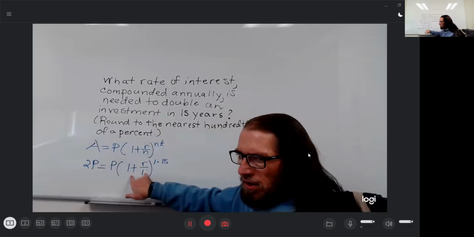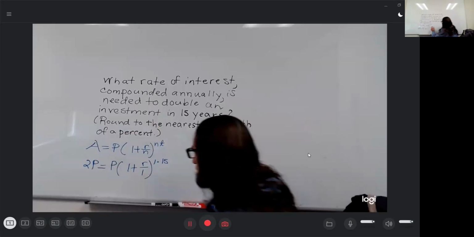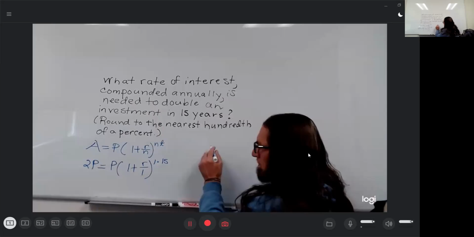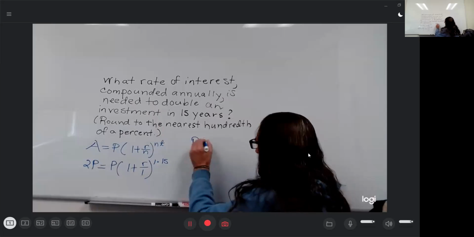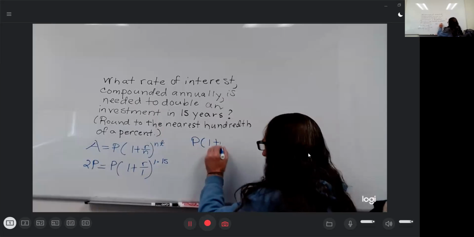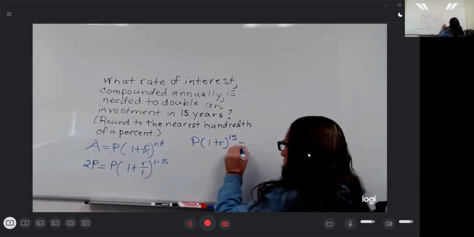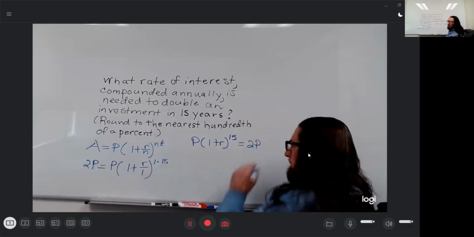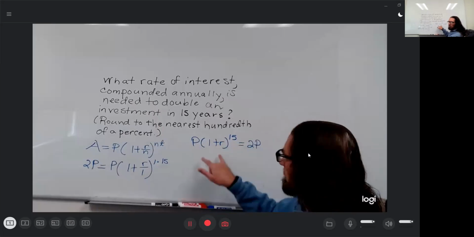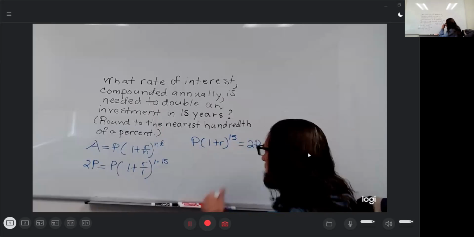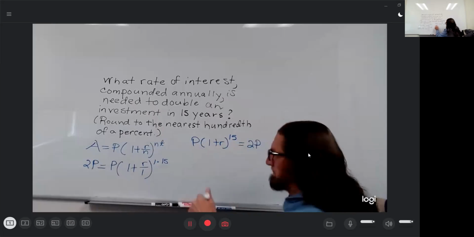And the first thing that I'm going to do, after writing this a little more simply, is that R is in something to the 15th power. So I'm going to isolate that.